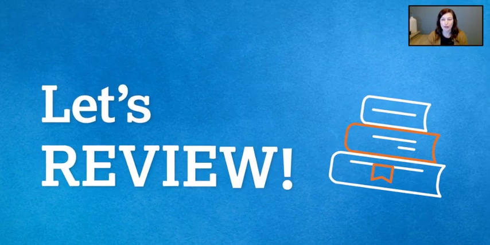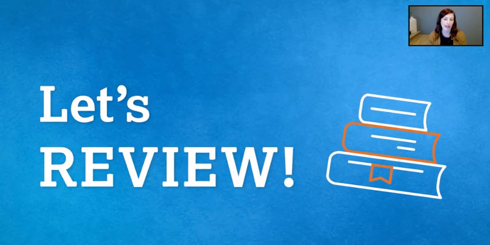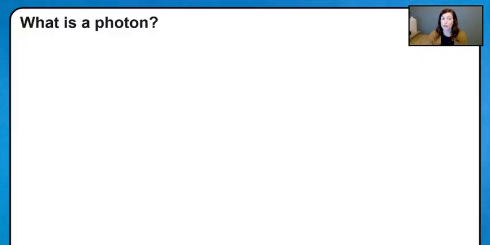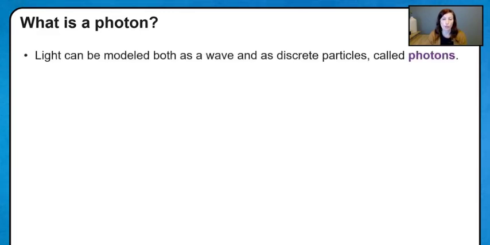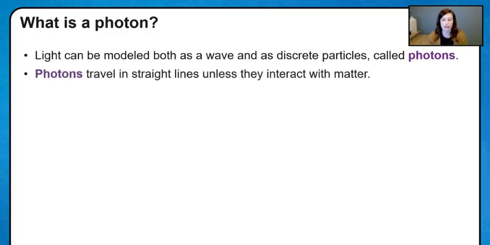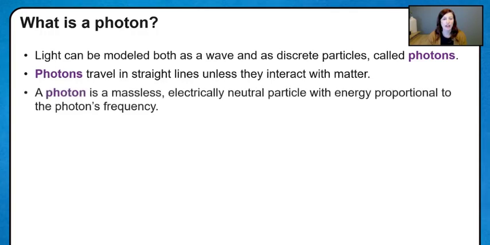Let's get started with a little bit of a review of what we already know about light. In topic 15.1, you learned that light can be modeled as both a wave and as discrete particles called photons. Photons travel in straight lines unless they interact with matter. A photon is massless and electrically neutral, and the energy of a photon is directly proportional to the photon's frequency.